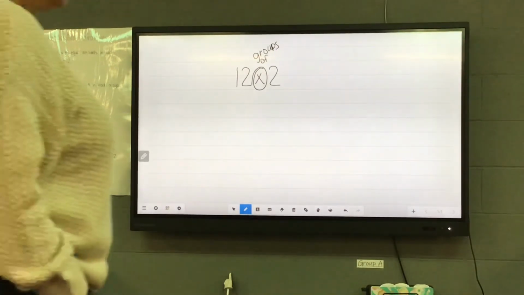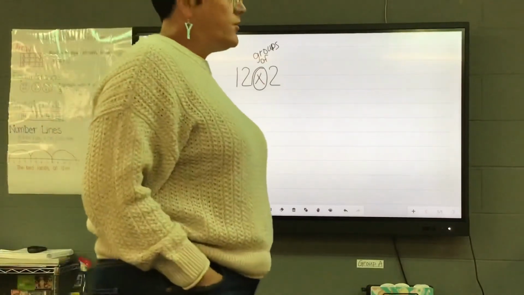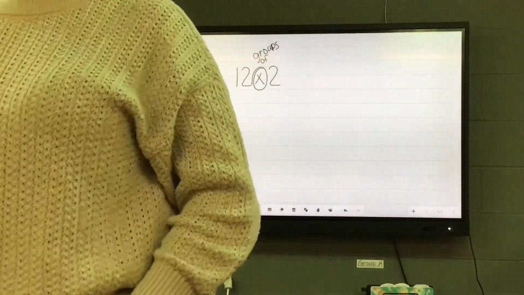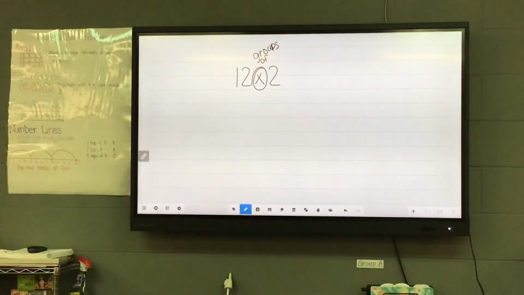Okay, now what I'm going to have you do is stand up if you're finished and push your chair in. You're gonna stay on this side of the iPad, okay? Stay on the back side of the iPad.